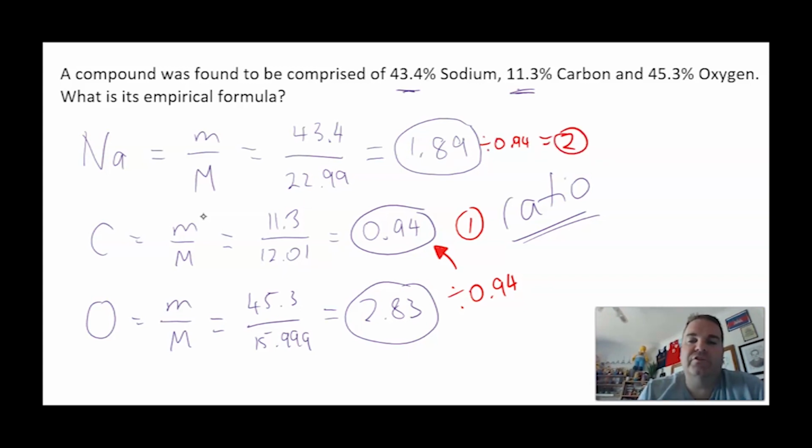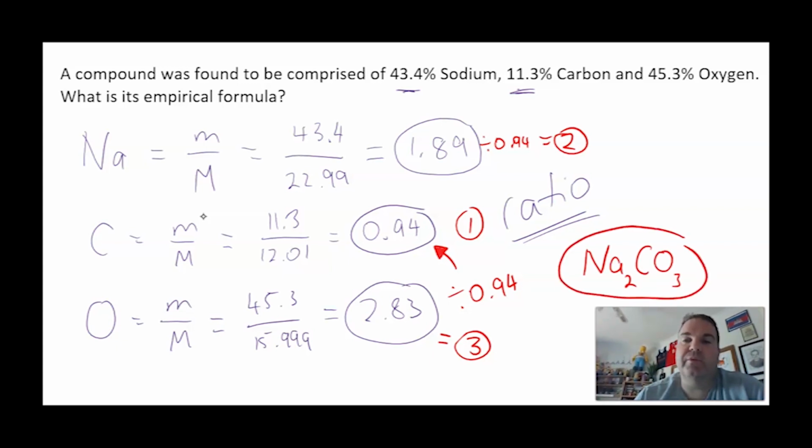If we divide oxygen 2.83 by 0.94, we get a value of 3. So now what we've got is the ratio 1 to 2 to 3 of our substances, okay? And so what we've got is 2 sodiums, Na2, 1 carbon, and 3 oxygens, Na2CO3. So that is the empirical formula for sodium carbonate based on those percentage compositions.